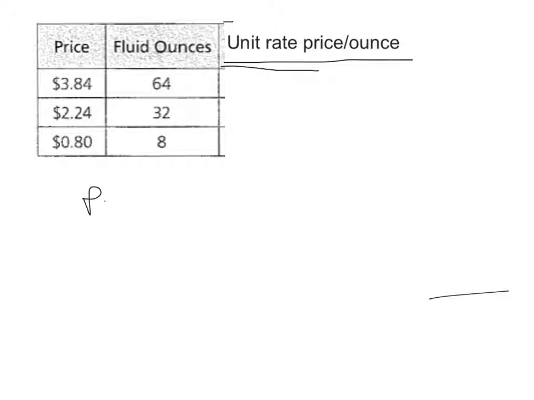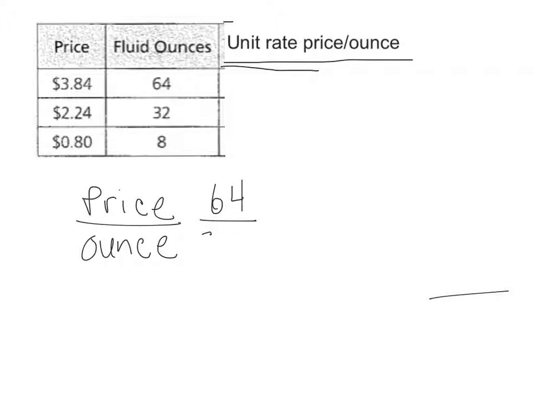So remember, the price per ounce, our known comes from the table. So for example, 64 ounces, nope, that's my bad. That price would be $3.84. That's a decimal. And the number of ounces is 64.